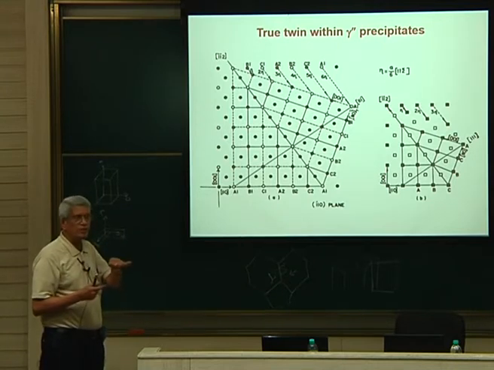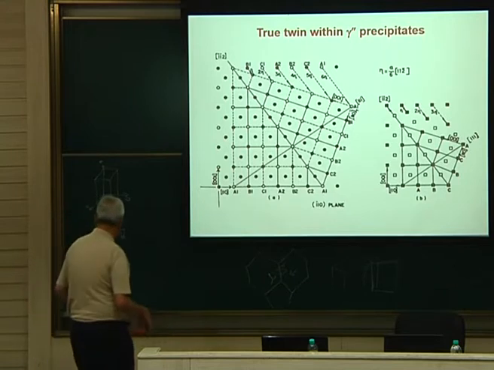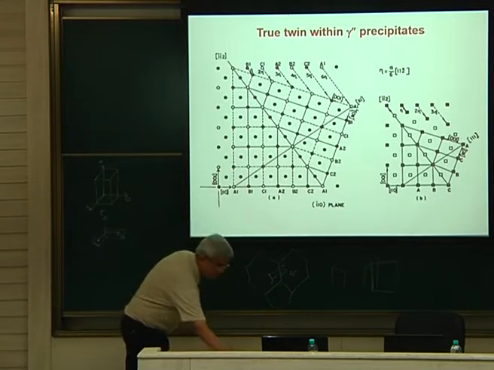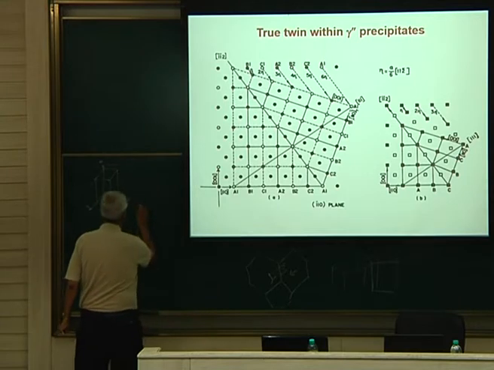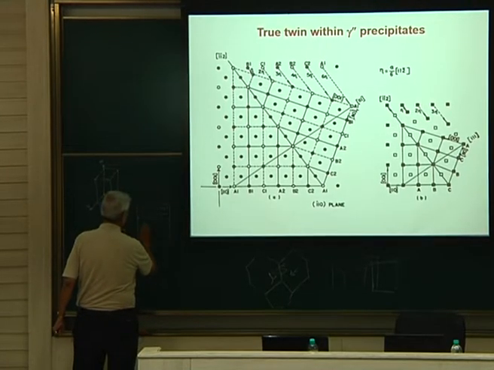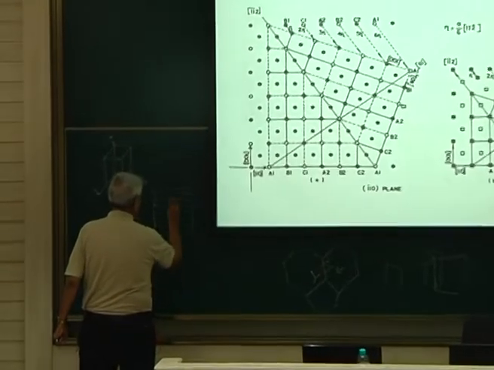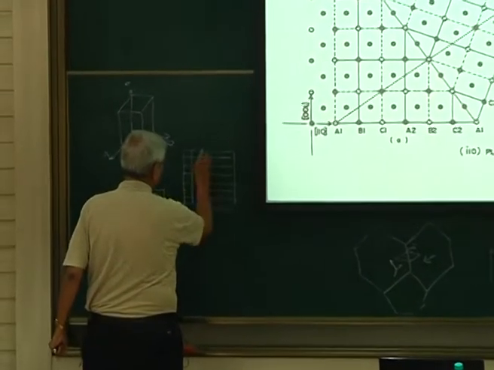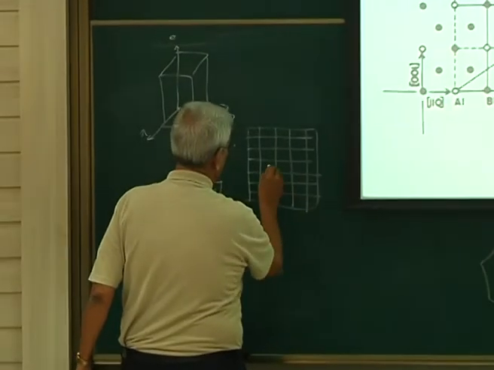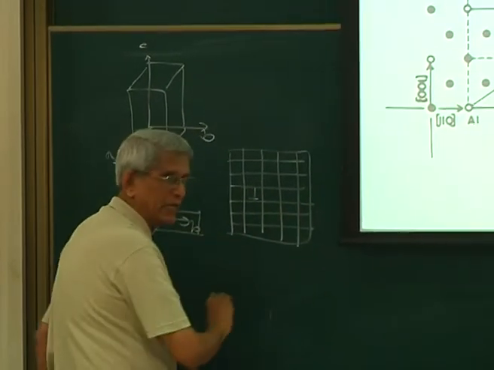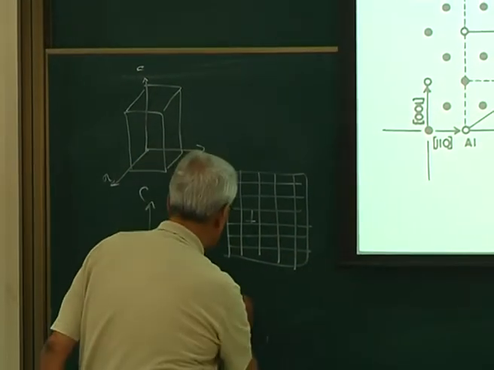Whenever a dislocation moves in this plane, what will be the net result of it?